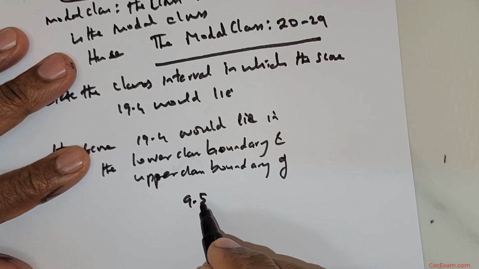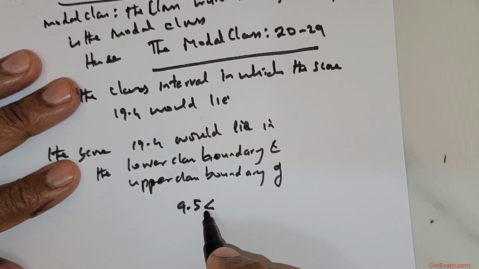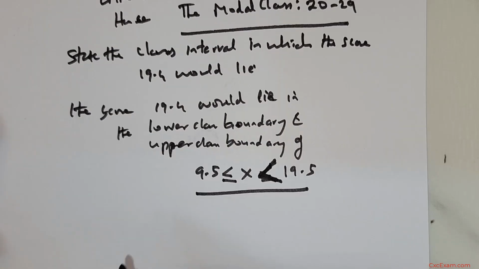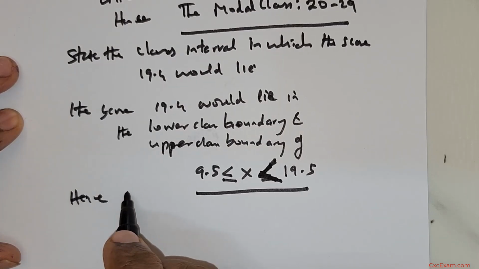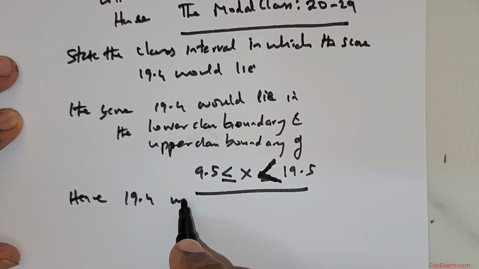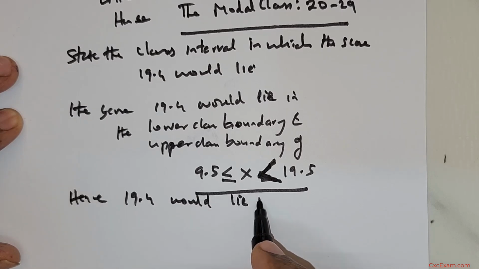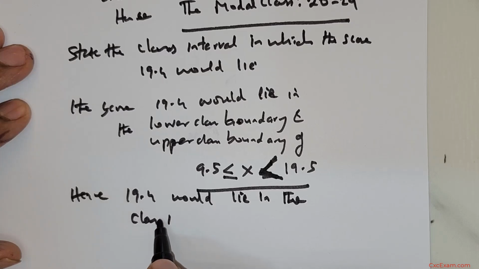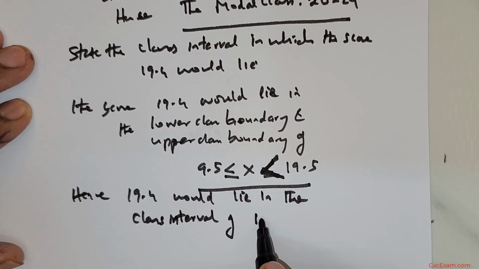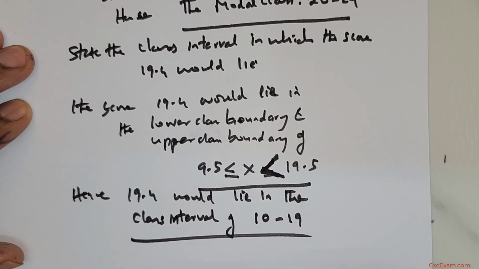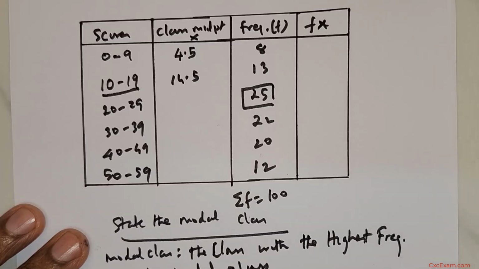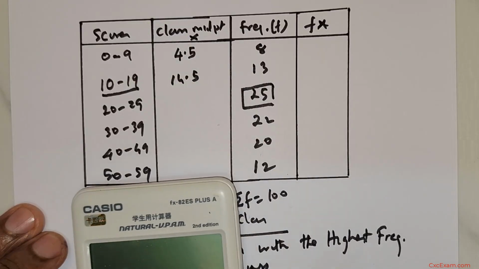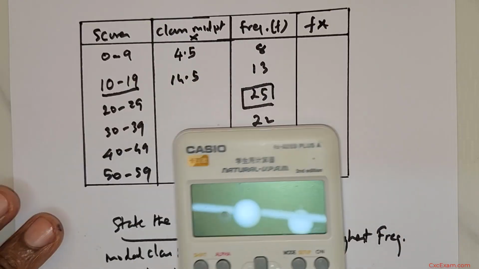So it's going to be 9.5, one less. Probably you can write this: hence 19.4 would lie in the class interval of 10 to 19. Okay, the next is we are asked to complete the table.